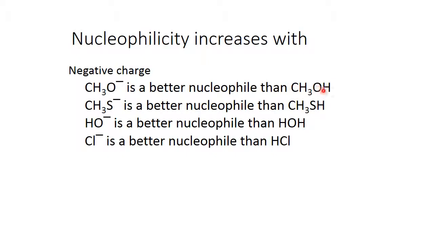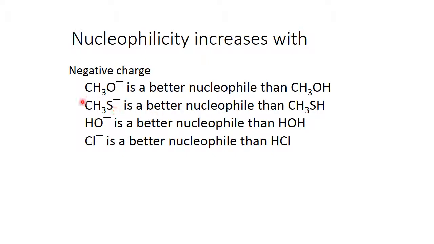However, this one has just a non-bonding pair and no negative charge, whereas this oxygen has a negative charge in addition to a non-bonding pair. This is a better nucleophile than this uncharged methanol. Why? Because that negative charge is going to be more attracted to the electrophilic carbon in the substrate.